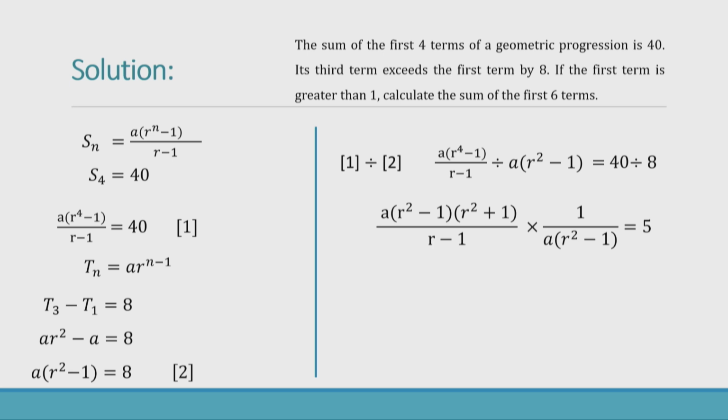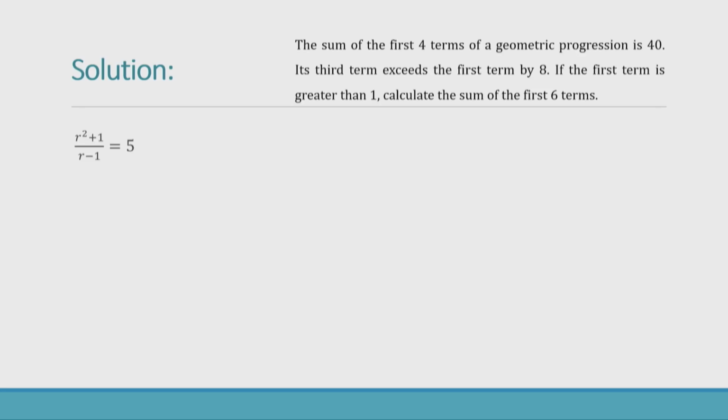Now the division sign will be replaced by the multiplication symbol and we take the reciprocal. So multiply by 1 over a into (r square minus 1) equal to 40 over 8, which is 5. We can see that a into (r square minus 1) will cancel. We will be left with (r square plus 1) over (r minus 1) equal to 5.